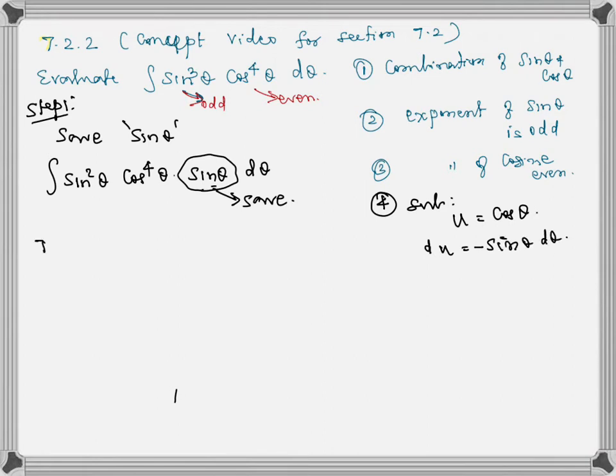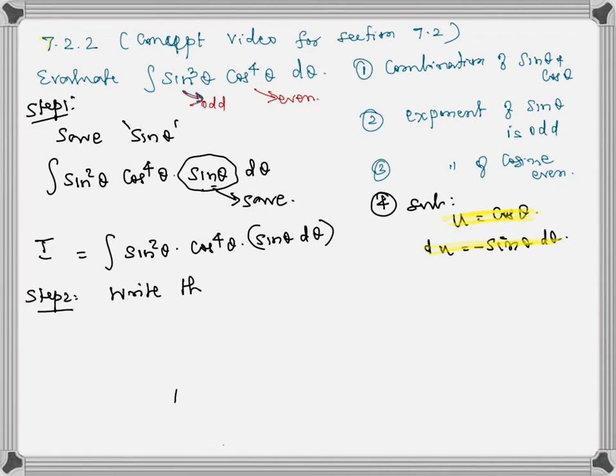I'm going to call the given integral I, which is the integral of sine squared theta cosine to the power 4 theta sine theta d theta, and we are assuming u equal to cosine theta and du is negative sine theta d theta.